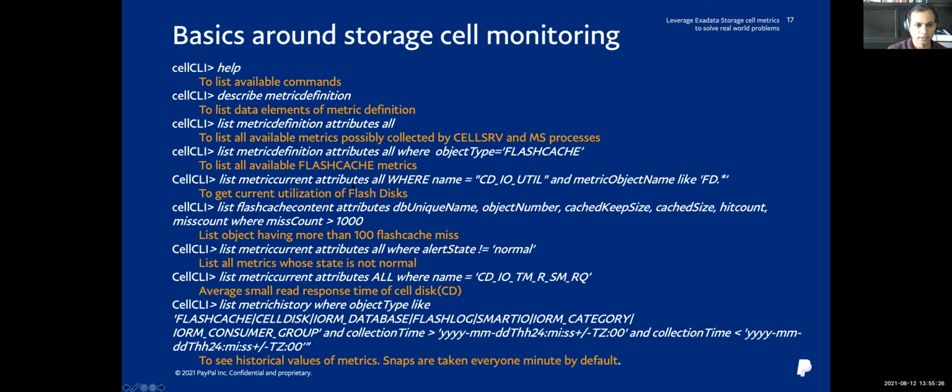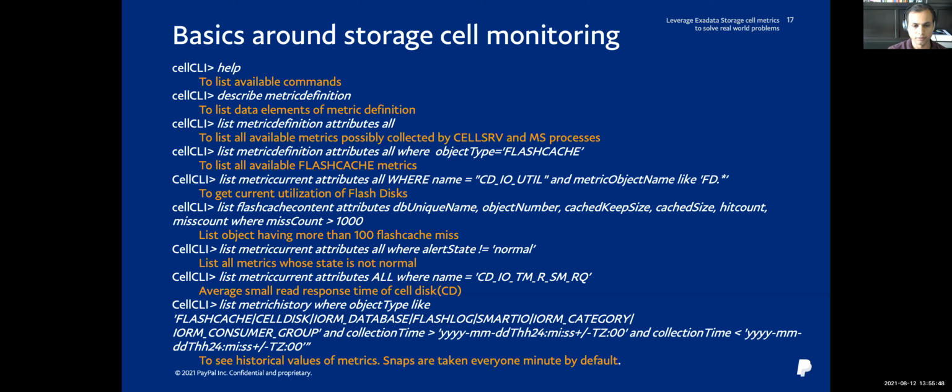The other important one which I look for is, let's say when I see something slowing down, then you can look at the disk utilization and metric objects in FD. This is specifically showing the flash cache related metrics, right?